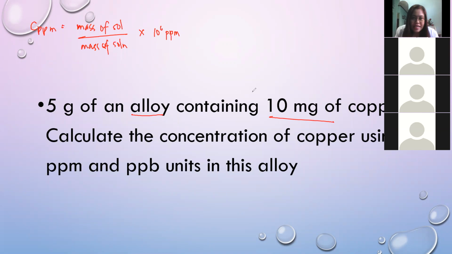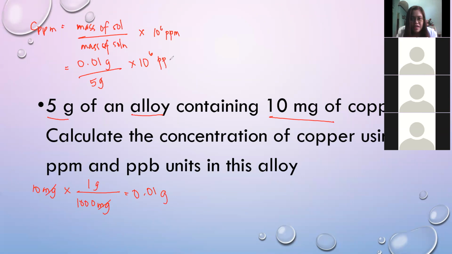It's 10 milligrams. However, the given mass of solution, the alloy, is an example of a solution, though it is solid, is in grams, so we have to convert first. Convert 10 milligrams to grams: 1 gram is 1,000 milligrams, so 10 divided by 1,000 is 0.01 grams. So mass of solute 0.01 grams divided by 5 grams times 10 raised to the power of 6 ppm.